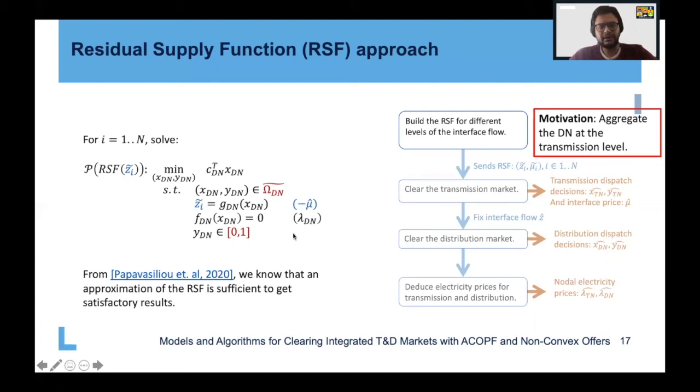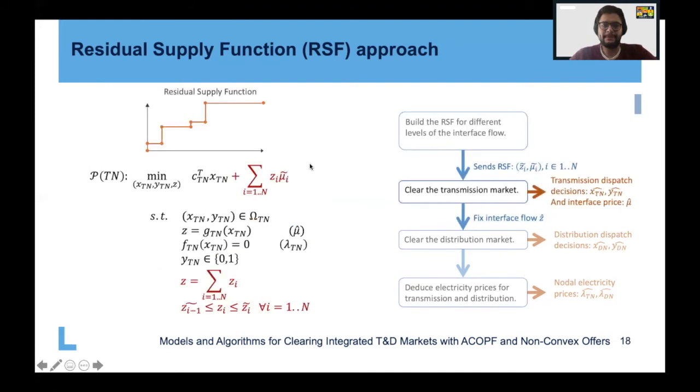And for each level of flow, we will solve this problem and store the associated dual variable in order to have an idea of the valuation of the flow at the interface. Once we did that, we can build the residual supply function, aggregate the distribution system at the transmission level, and clear the transmission market, basically.